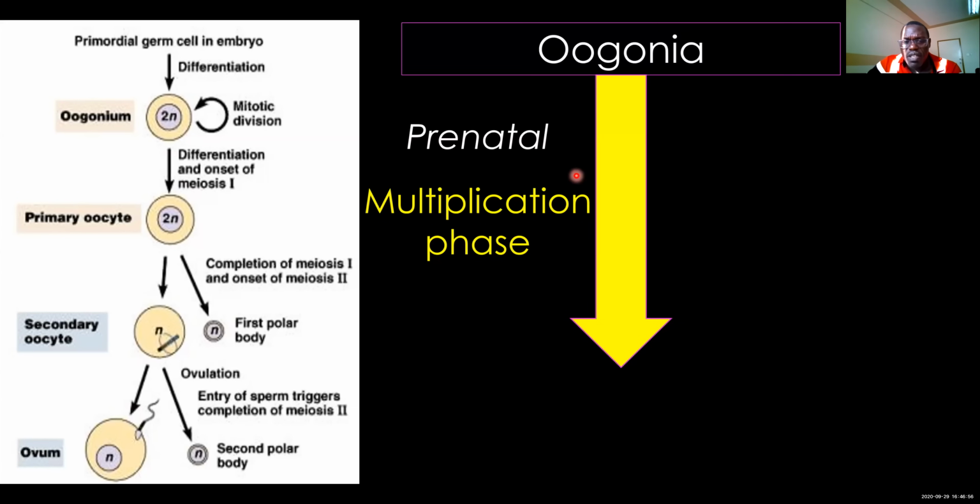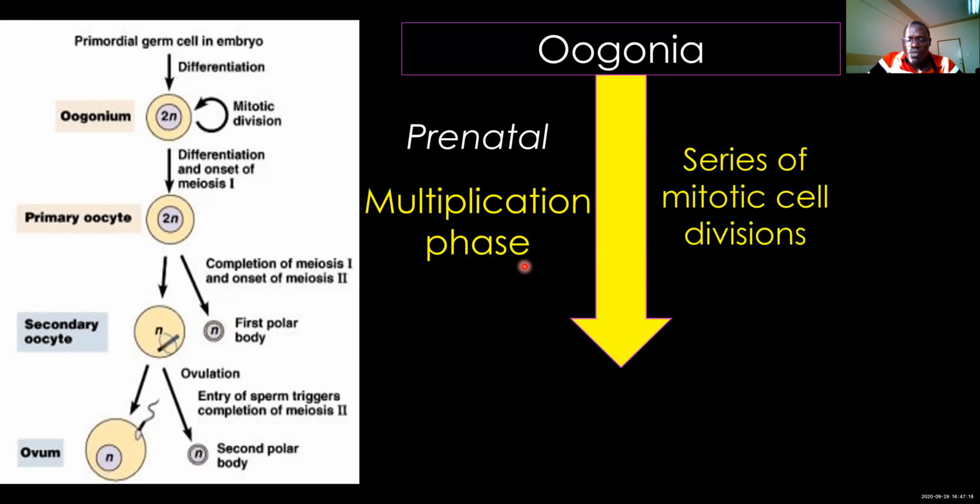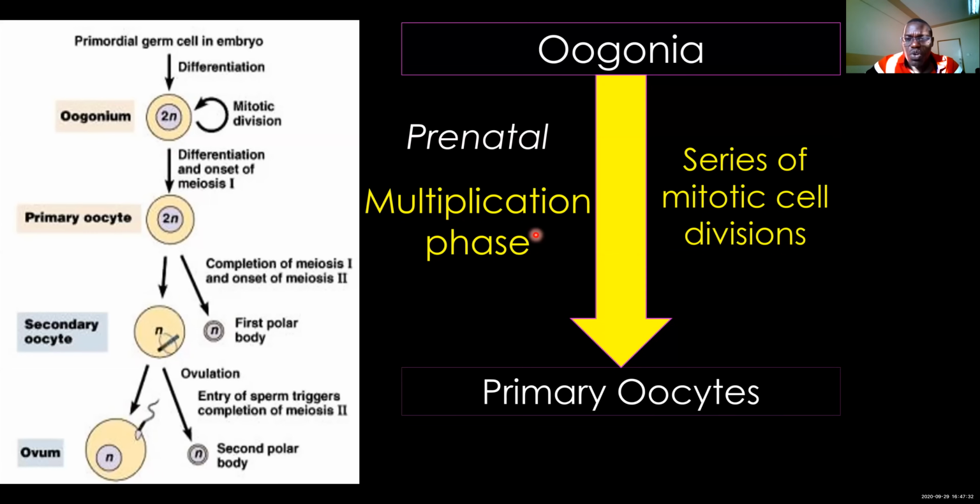In oogenesis, this multiplication occurs prenatally, before birth, usually around the 3rd to the 5th month of fetal life. So what happens? Just like in spermatogenesis, the multiplication phase is a mitotic cell division. Several series of mitosis lead to formation of the primary oocytes.